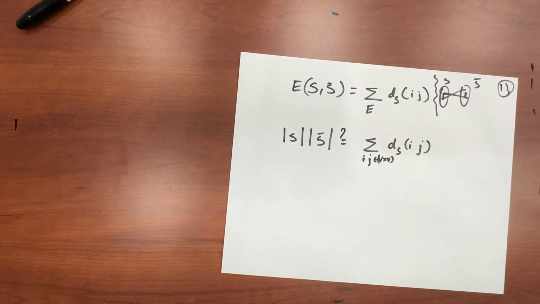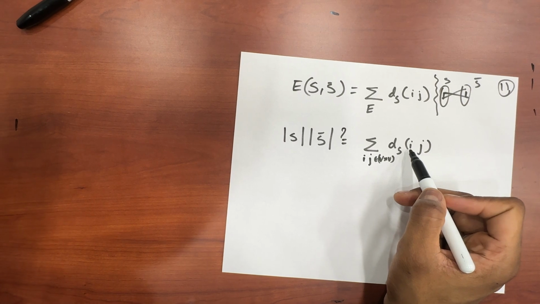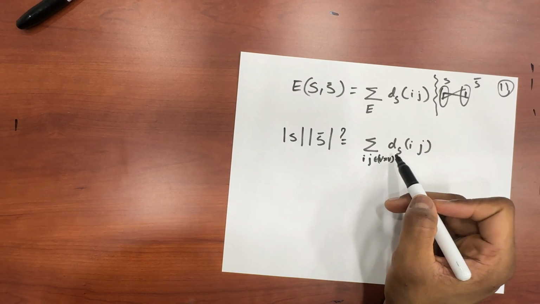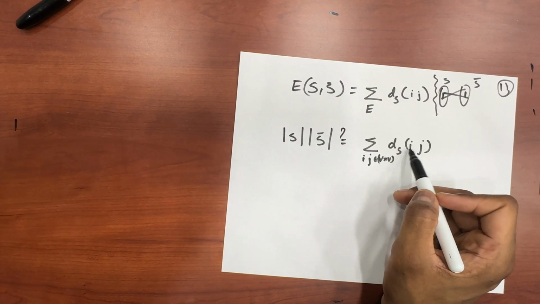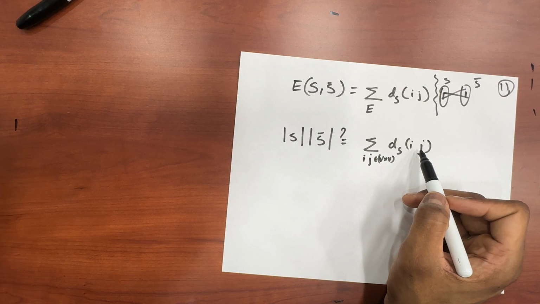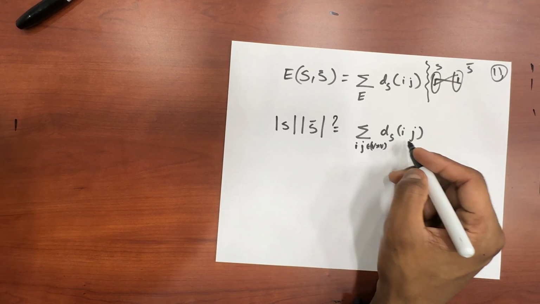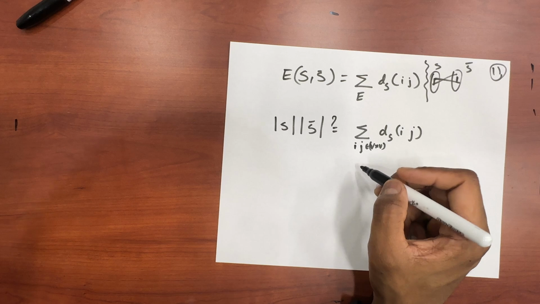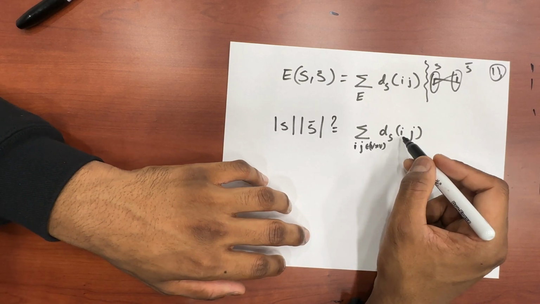Let's try to reason about it. The only way this sum is ever 1 is when i and j are on opposite sides, right?